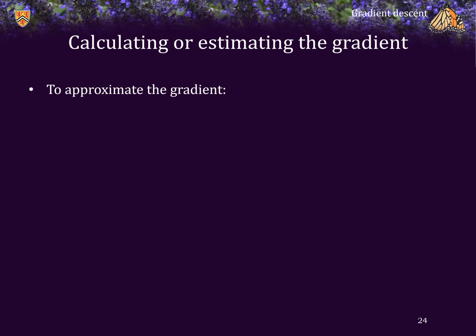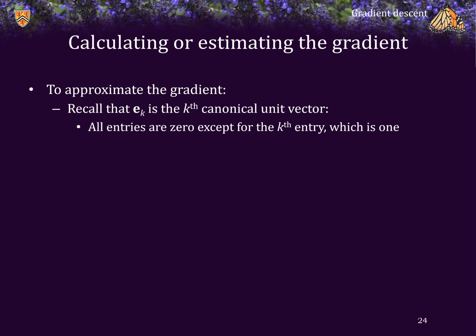Now, to approximate the gradient, recall that the vector e sub k is how we represent the kth canonical unit vector. That is, it is the vector where all entries are 0 except for the kth entry, and that entry is equal to 1.